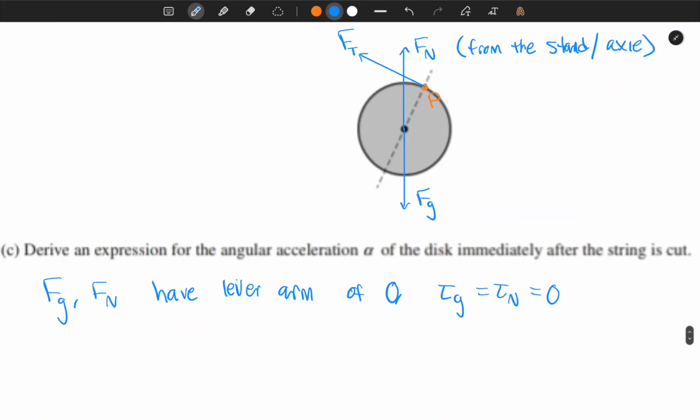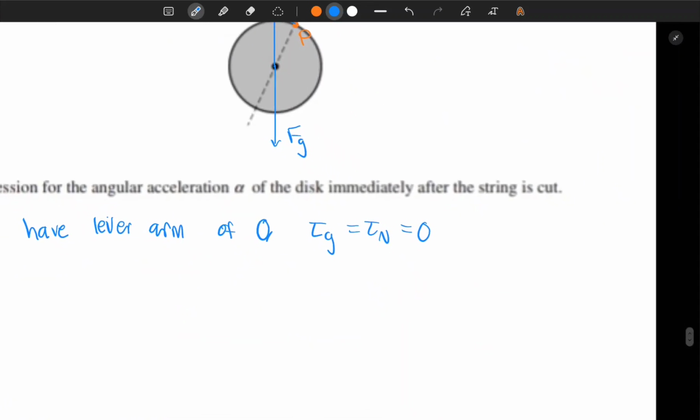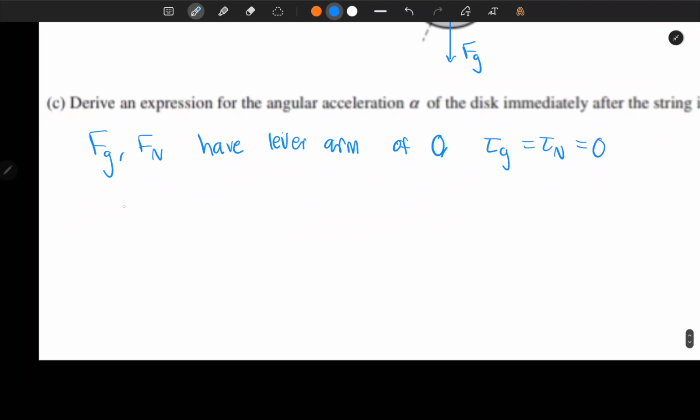So the only contribution to tau is from Ft. So tau, the sum of all the torques, is equal to the torque tau sub t, the torque from the tension. And this is equal to the tension force, Ft, times the radius of the wheel, or times the lever arm, which here is the radius of the wheel.